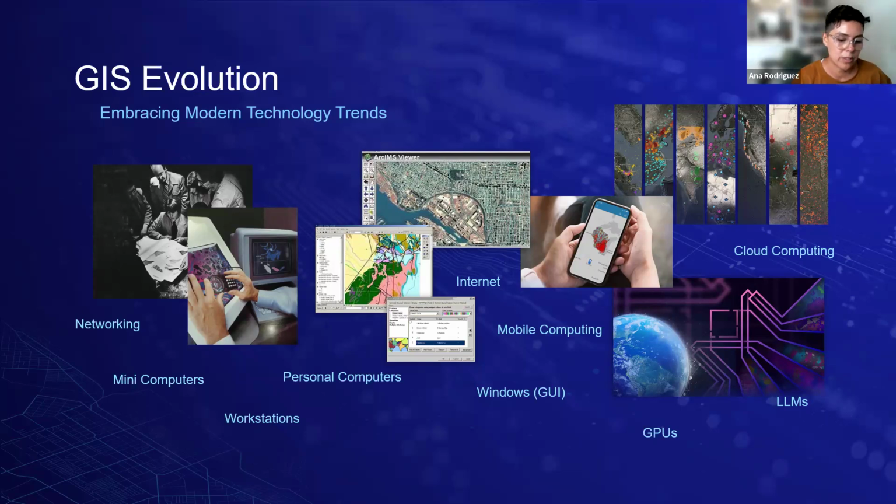We all are familiar with that phrase, but GIS is not just about the technology, right? It's about solving these real world challenges that we face day to day. And from its inception, really, and over the decades, GIS has been embracing all of these new technologies. It's nothing new to us, and so AI in ArcGIS continues this trend of new technology and how we can embrace that.